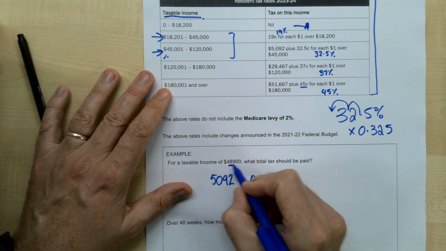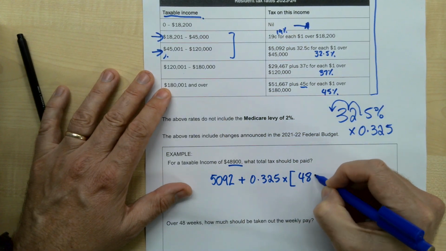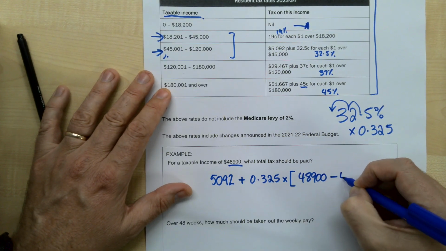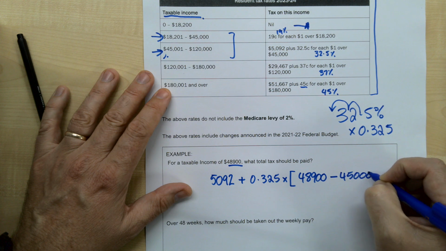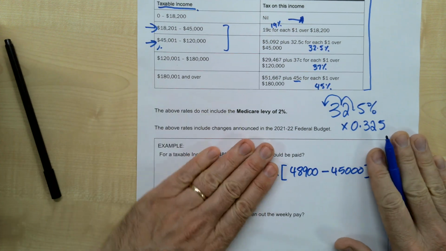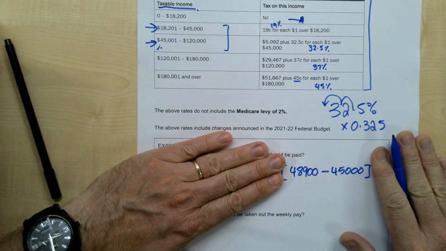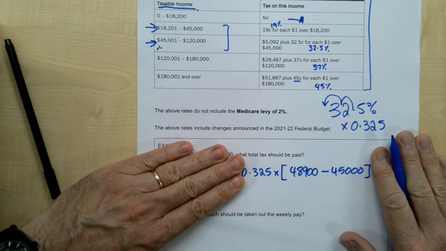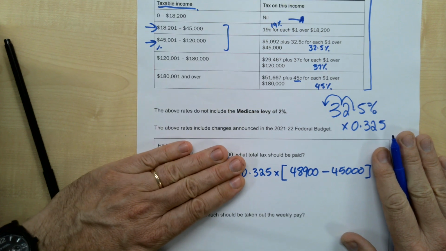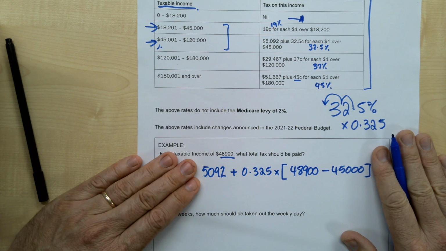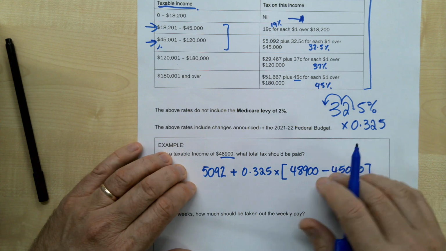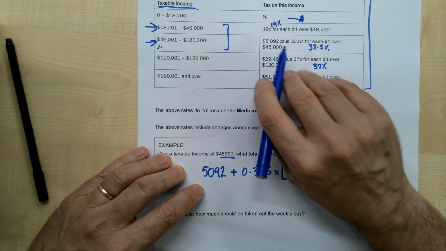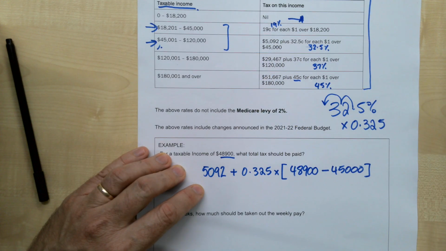That's my taxable income, and I subtract 45,000, because that's how much this person is earning over 45,000. 32.5% of that plus 5,092. Now, I didn't make any of that up. I just read it straight off the list here.